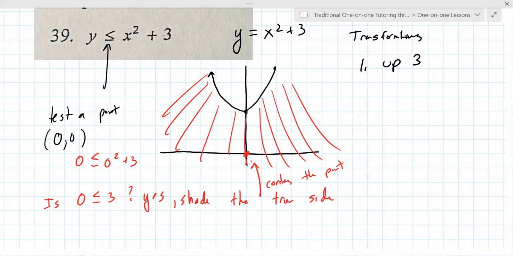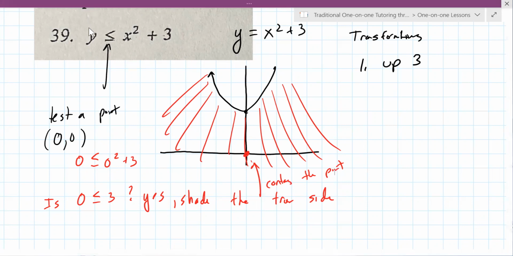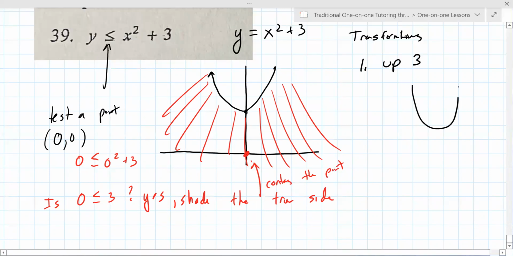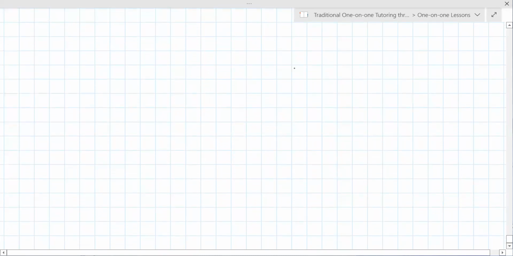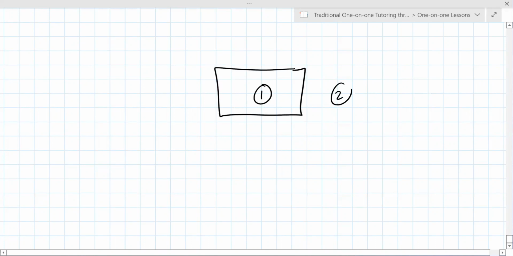Maybe part of the problem is it appears like there's more than two regions. There's really only two regions in this problem, inside or outside. Let me give you something else. There's two regions: inside the box and outside the box.